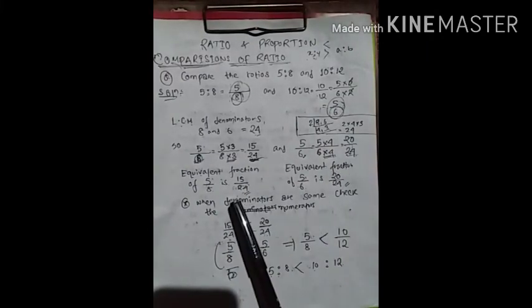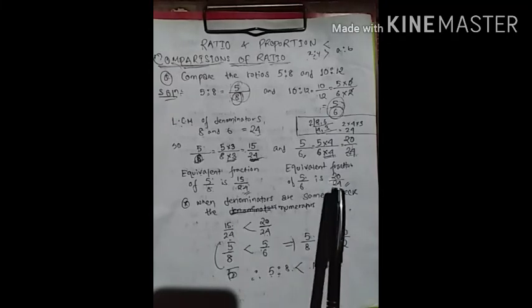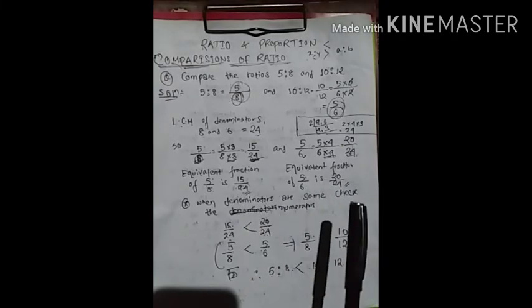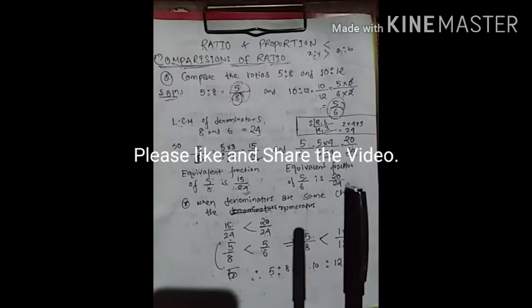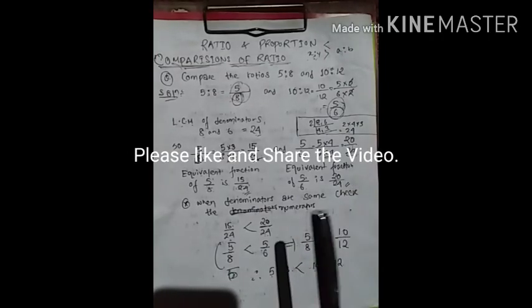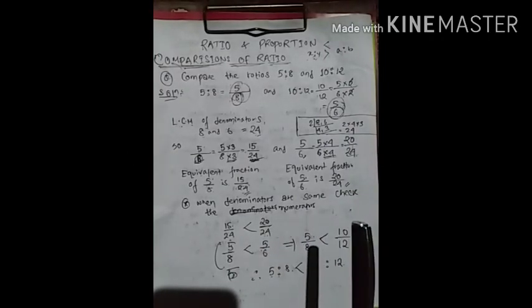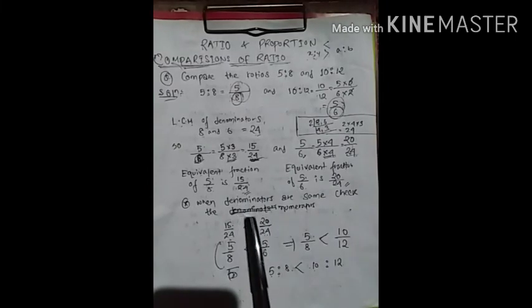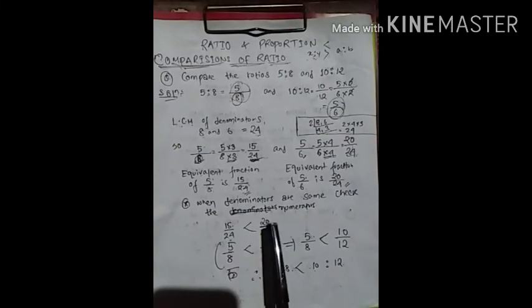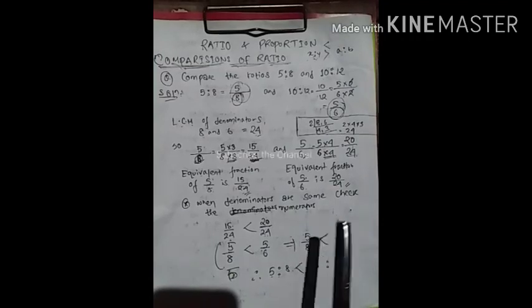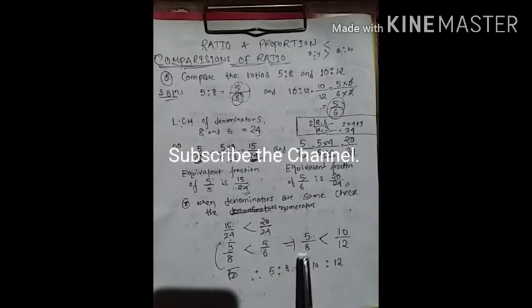When the denominators are the same, we check the numerators; the fraction containing the larger numerator will be larger, and then we convert back to the given ratios.